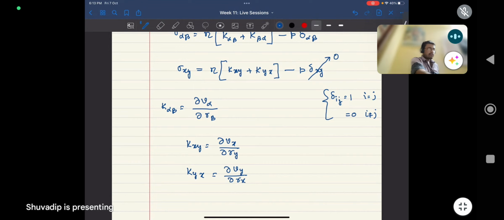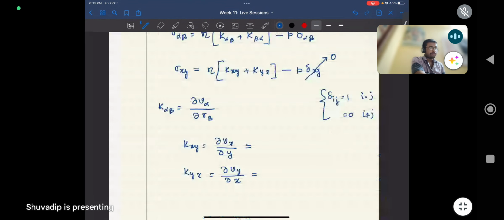Now this is a component of that, so it will be del y and del x. We know the relation in terms of x and y for vx and vy, which is given in the question.